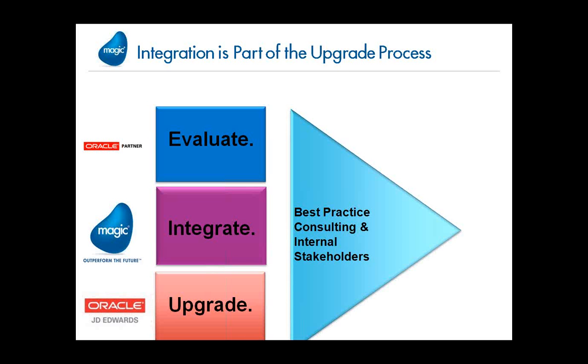With the Magic XPI integration platform, you can really just take some careful steps in your integration process to make sure that you integrate. So there's an evaluation process in which you do some business analysis. There's the actual integration steps that are required before you upgrade, and then there's the upgrade itself.